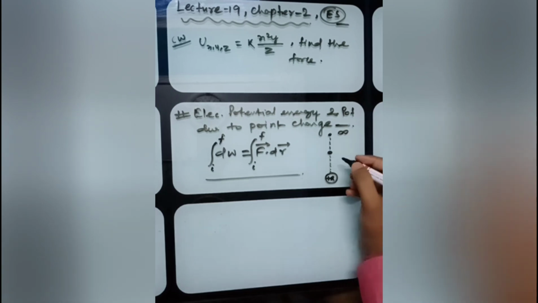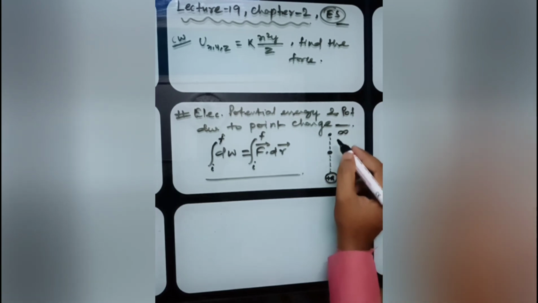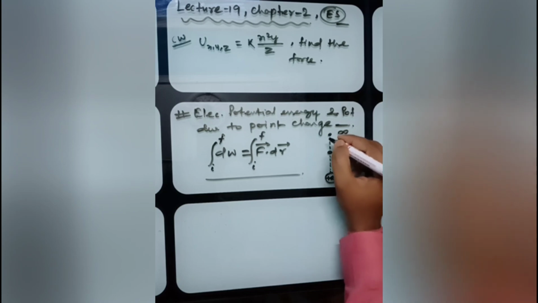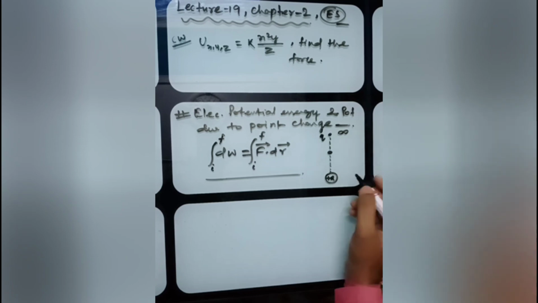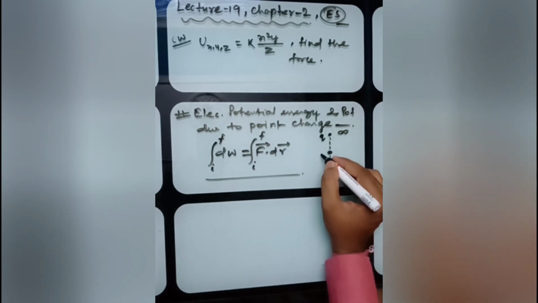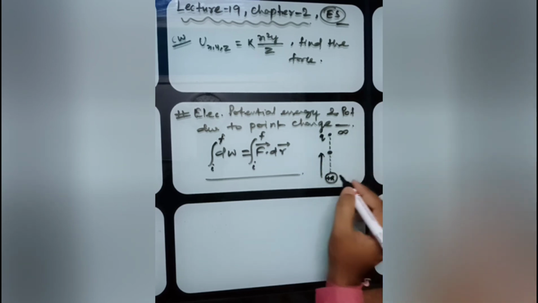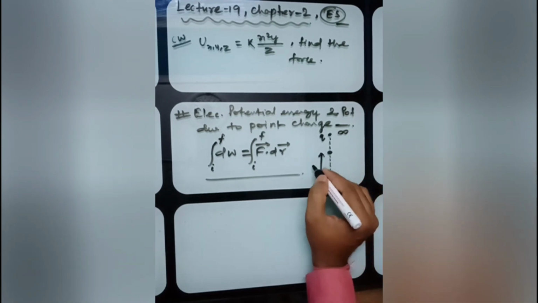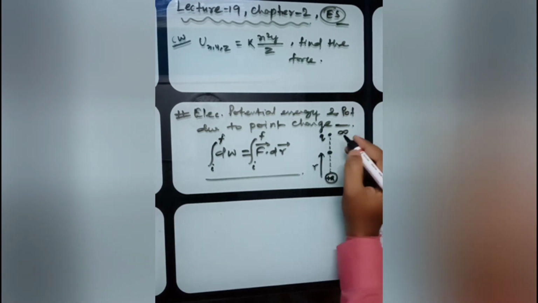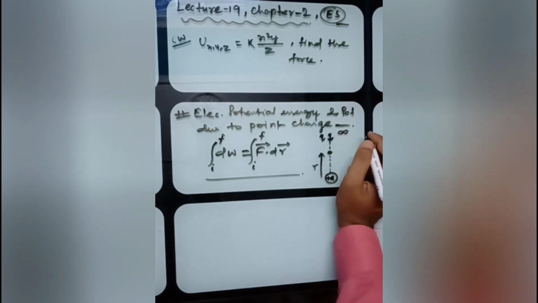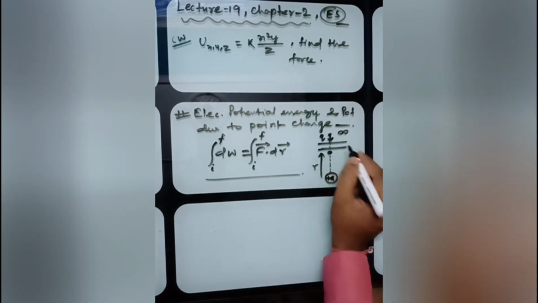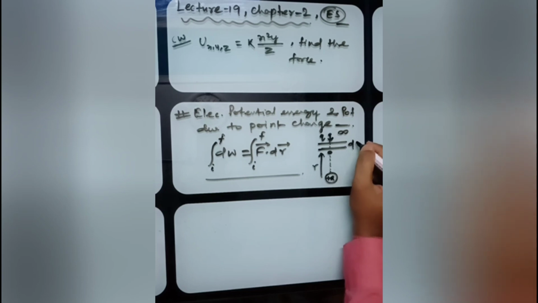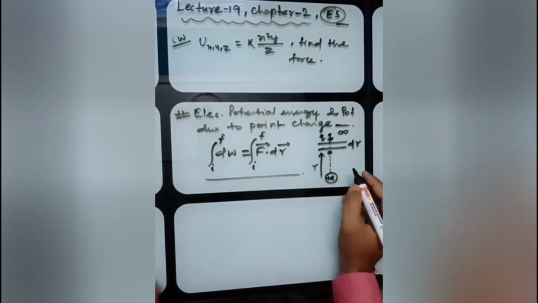We want to find the electric potential energy when this charge, small q, is at distance r from this charge. When this charge is moving from infinity to a particular point, take an elementary length dr.